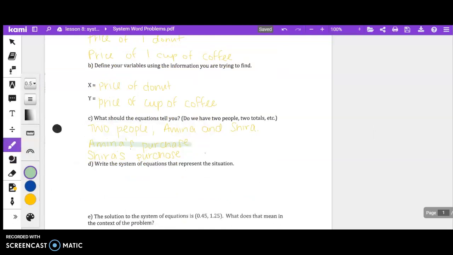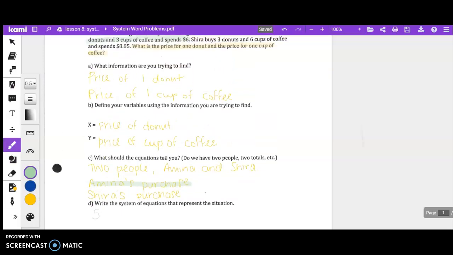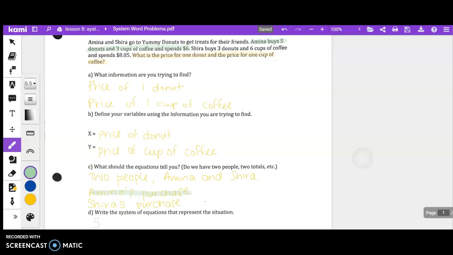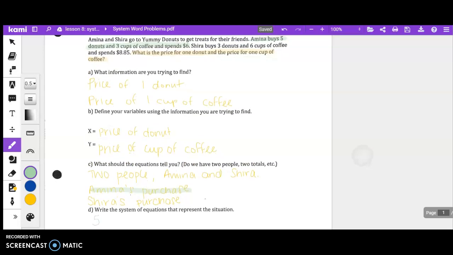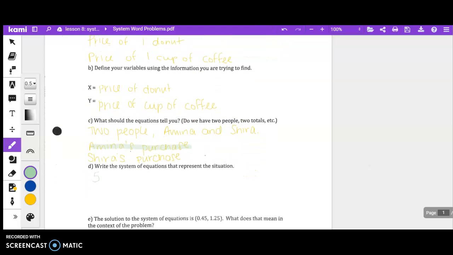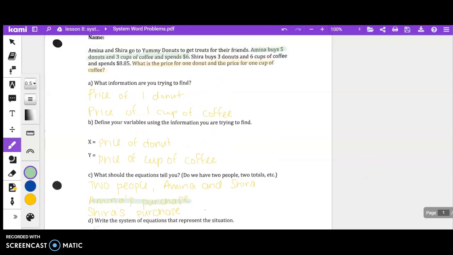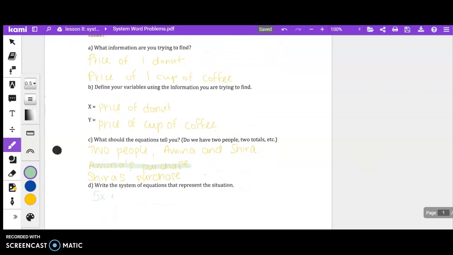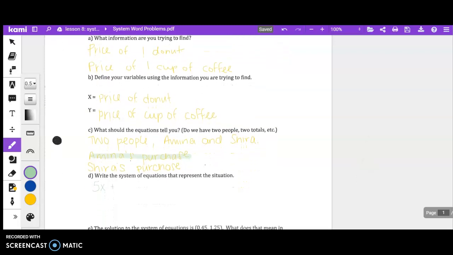They told us she bought 5 donuts. Well, we don't know the cost of the donut. So because we don't know it, we're going to use our variable, in this case X, because that represents the price. So 5X plus she also got 3 cups of coffee. And again, we don't know the cost, so we could say 3 times Y. But we do know together with the donuts and the coffee, it totaled $6.